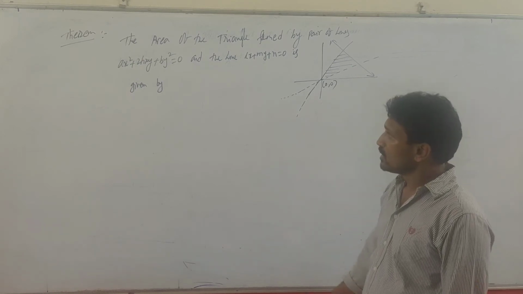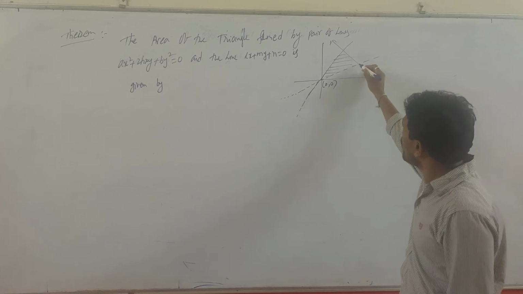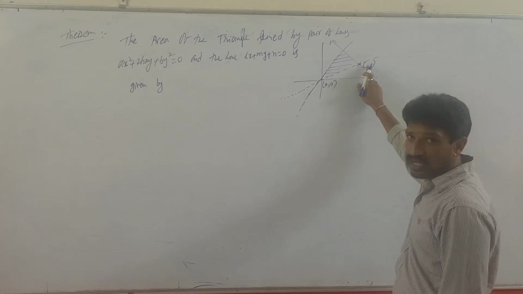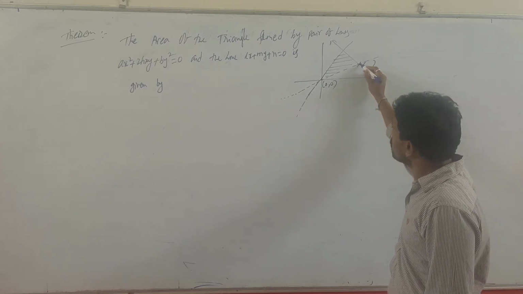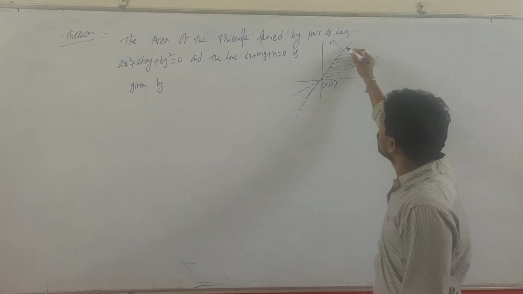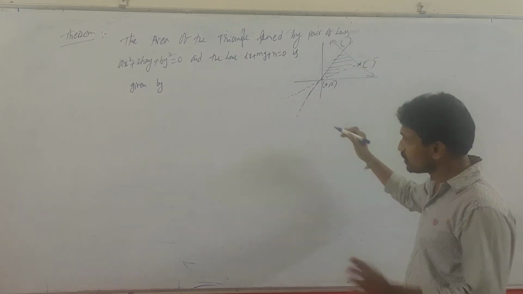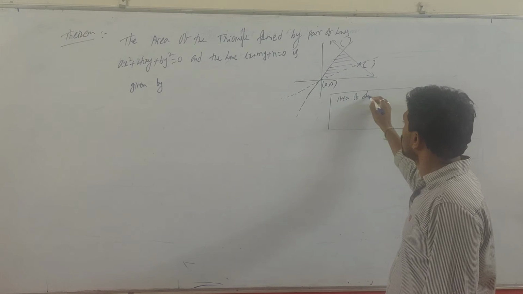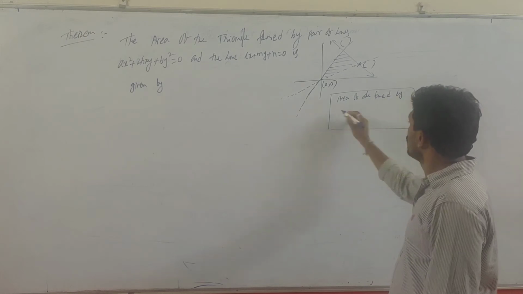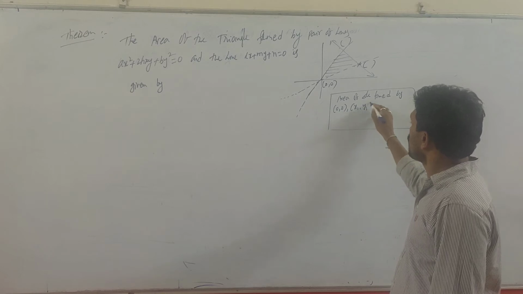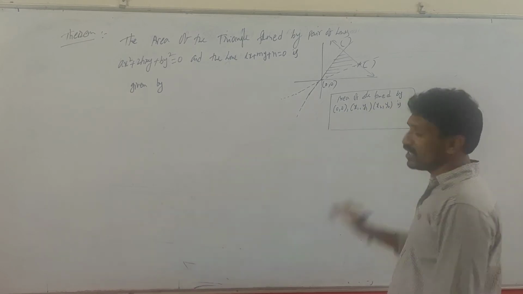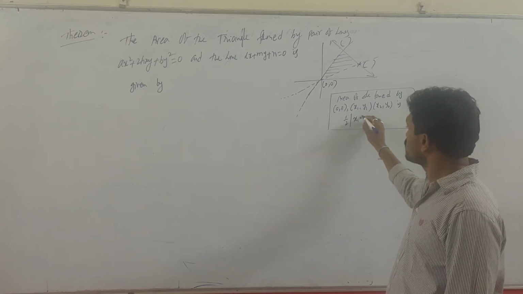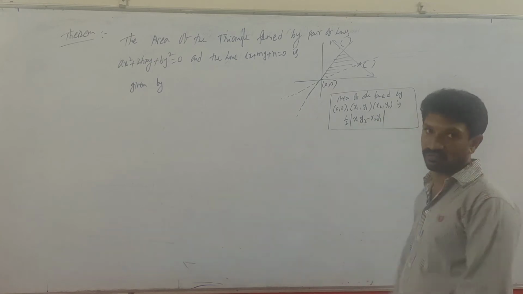Okay, we have to find the area of this triangle, so we have to find the point of intersection of these two lines and the point of intersection of these two lines. Just remember before going to prove this, the area of the triangle formed by origin 0 comma 0, x1 comma y1 and x2 comma y2 is half into modulus of x1 y2 minus x2 y1.